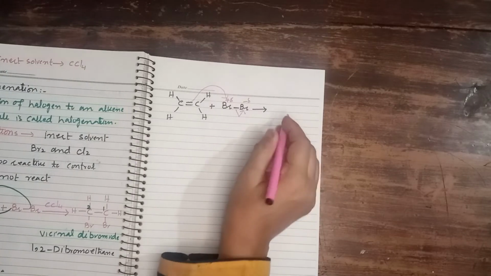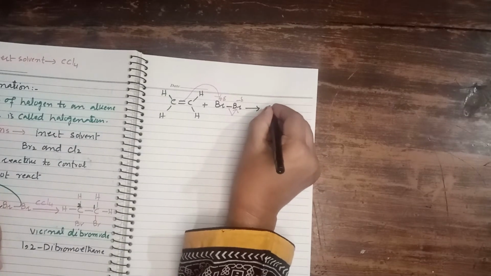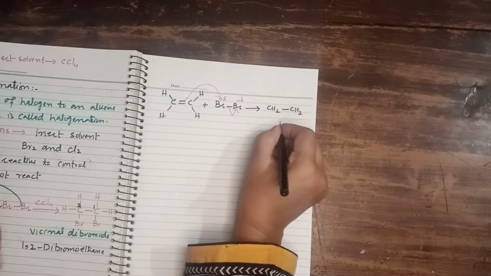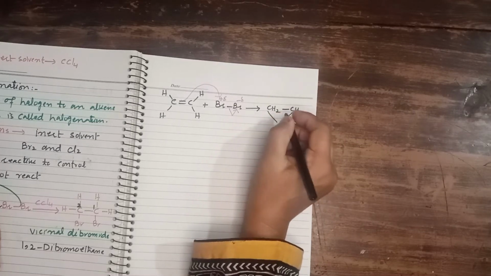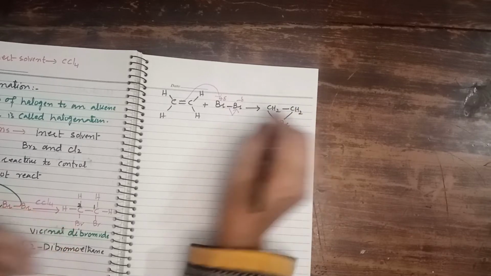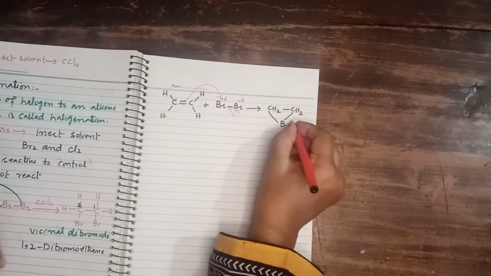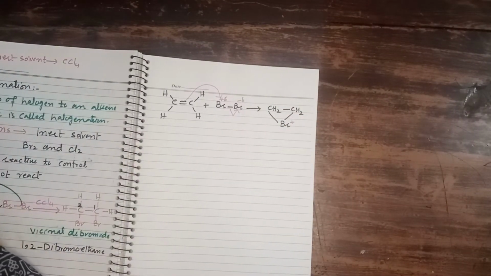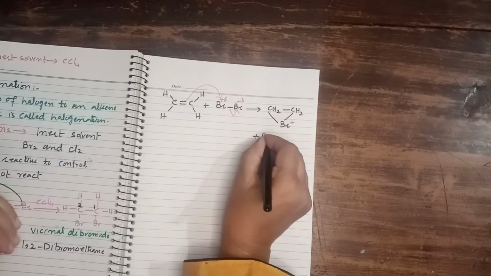So after the reaction we will see CH2Br, with a plus charge on this bromine, as well as a bromide ion, which is also formed.